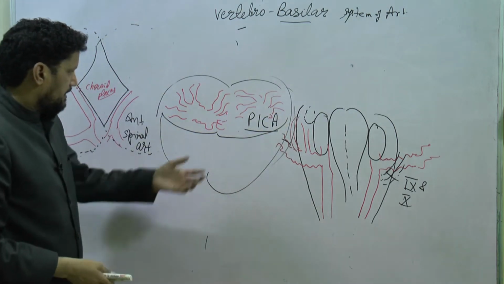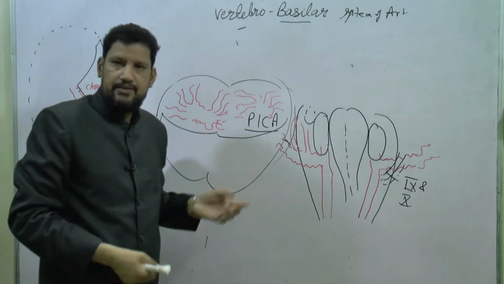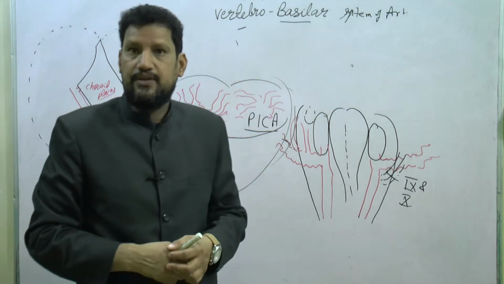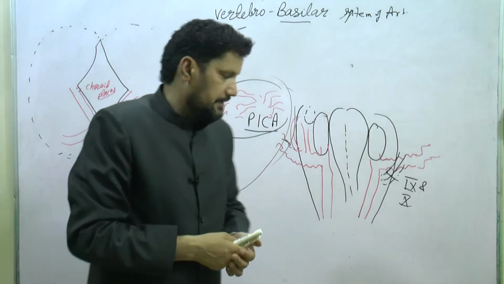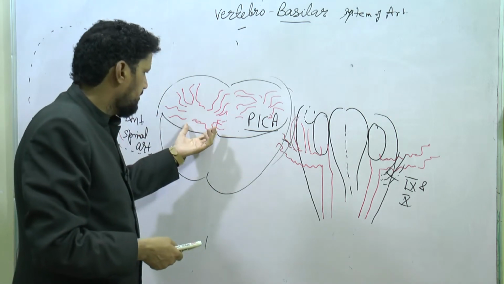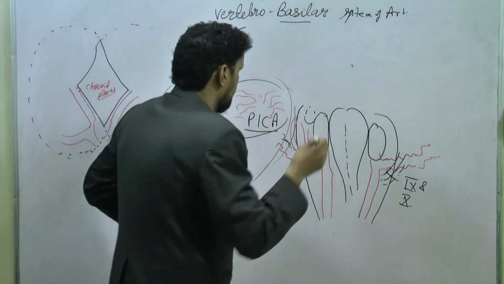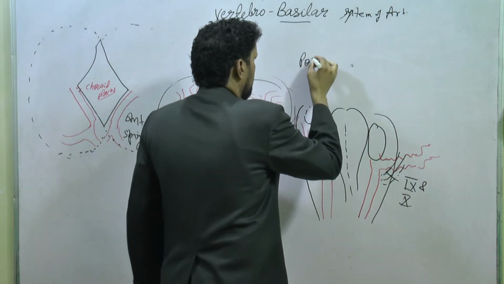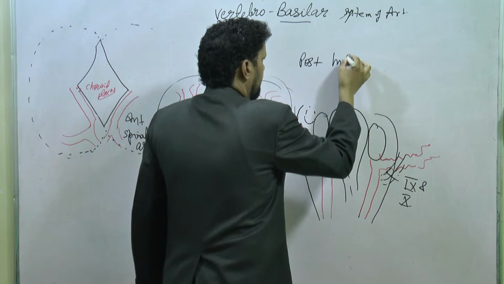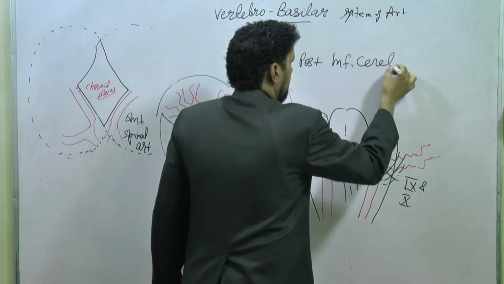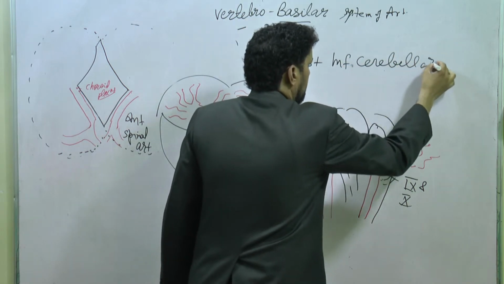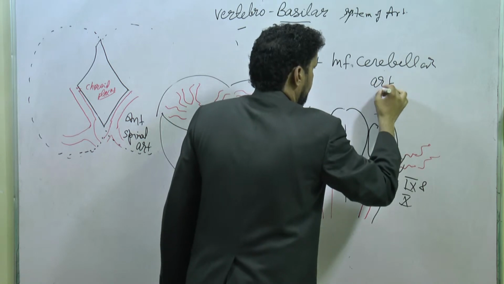So almost the anterior half of the inferior surface of the cerebellum is receiving blood from the posterior inferior cerebellar artery, the PICA.